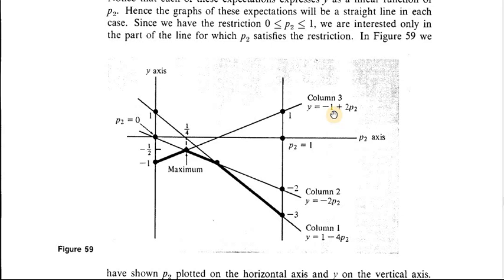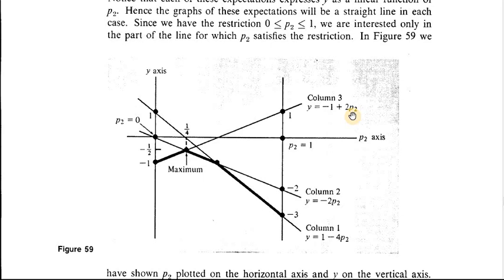Now remember what these lines mean. These lines give the payoff for the column player if he plays that particular column and the row player plays his mixed strategy P1, P2. So which column is the column player going to choose?